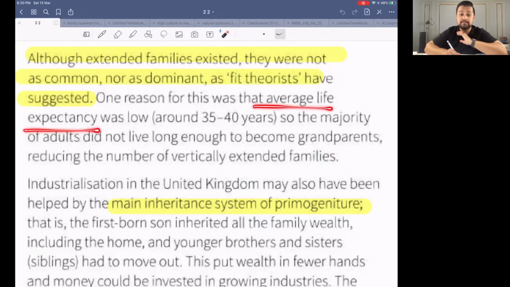Over the last century, we've seen that life expectancy in many Western countries, especially the UK, has gone up, right? People end up living longer than they used to. I know this doesn't really fit into what we think about how things are over here in Pakistan, but I'm talking about the Western world there.